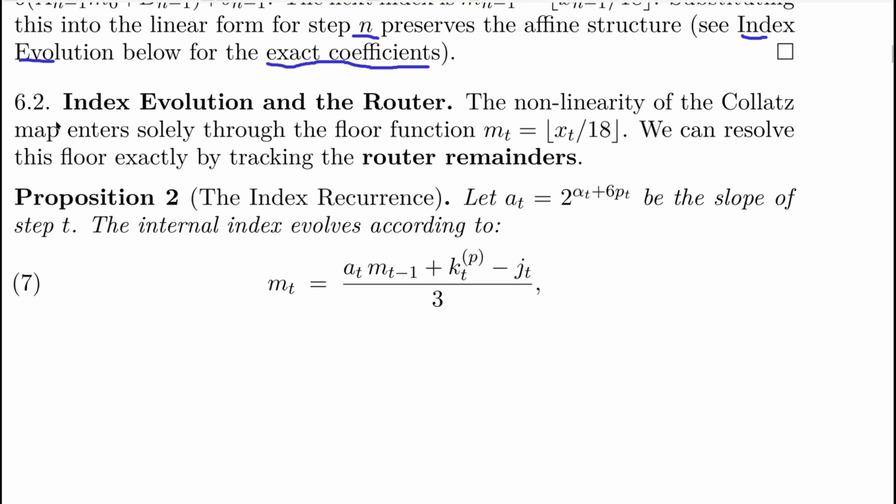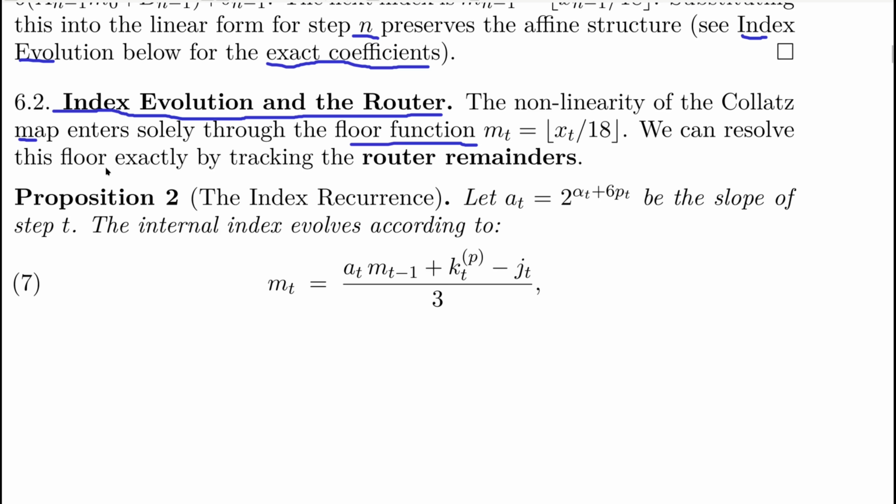Okay, so let's look at index evolution and the router. The nonlinearity of the Collatz map enters solely through the floor function mt equals the floor of xt over 18.